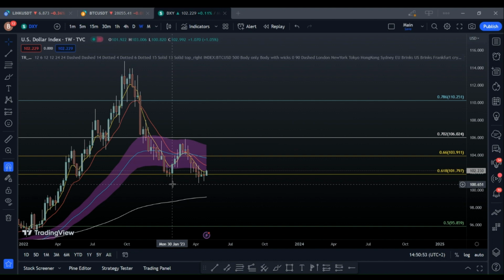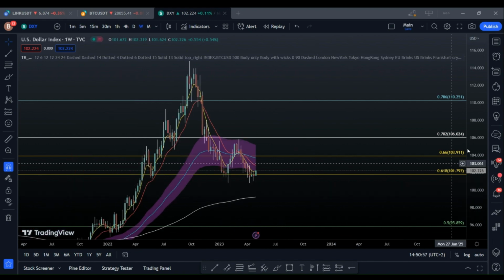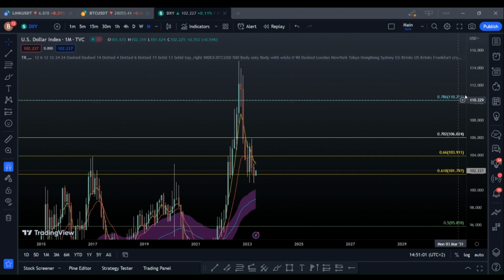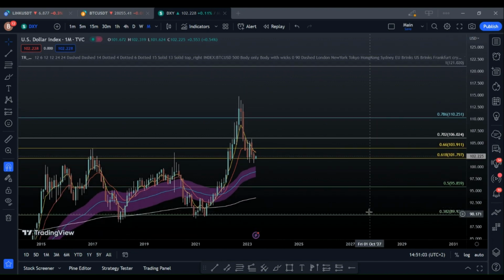So this invalidates the double bottom, and it most likely means that the DXY will go further down, where we will instead see a huge bull run for cryptos and stocks in the future, and especially next year in that case. But time will tell if we will truly see that.